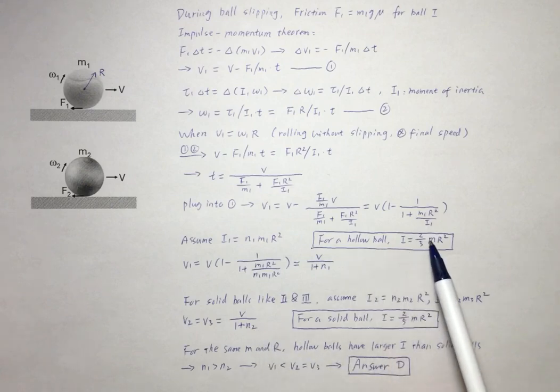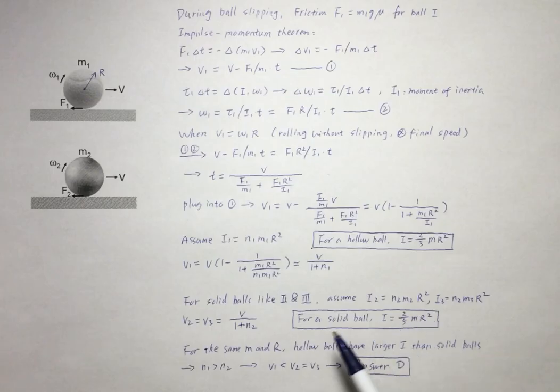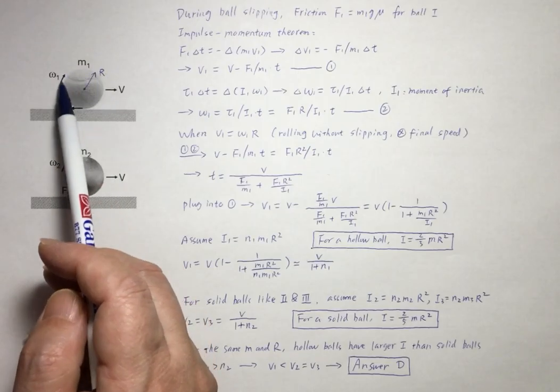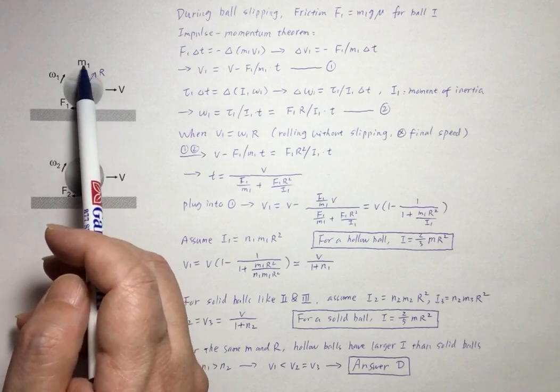If you don't know the moment of inertia for a hollow ball or for a solid ball, it's okay. We can still figure it out. We just compare n1 and n2, these two coefficients. Based on common sense, for balls with the same mass and radius, the hollow ball will have a larger moment of inertia, because for the hollow ball more mass is on the outside, on the shell.